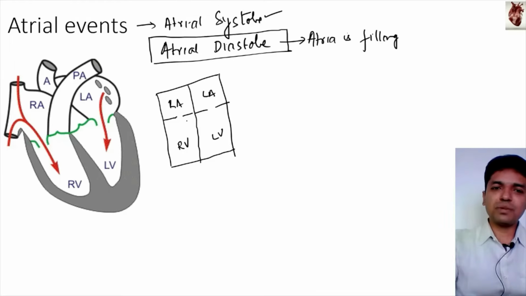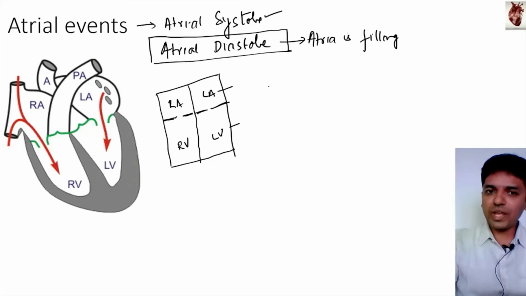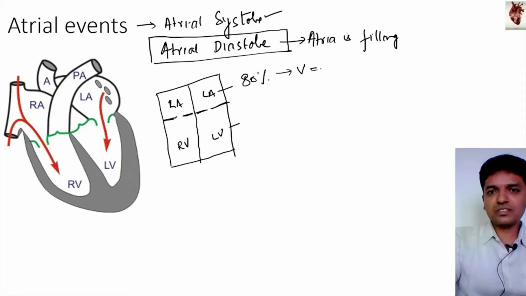Now what is happening here is that we will start with that stage wherein the atrioventricular valves, which are present between the atria and the ventricles, are open. When there is opening of the atrioventricular valve, remember that 80% of the blood from the atria enters into the ventricles passively.